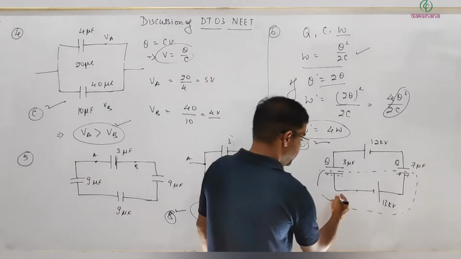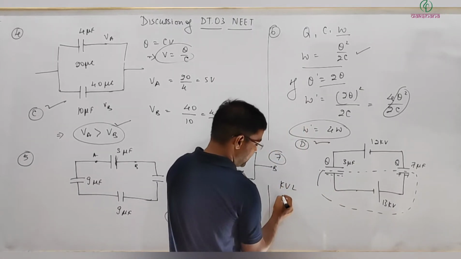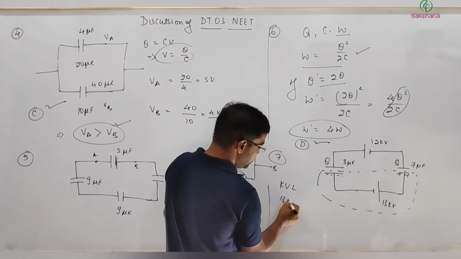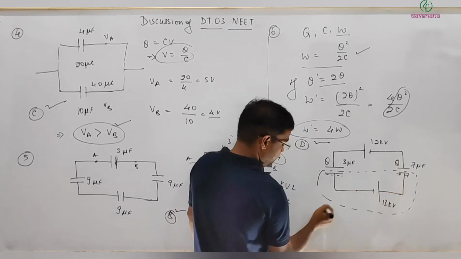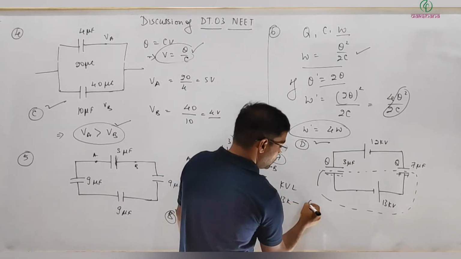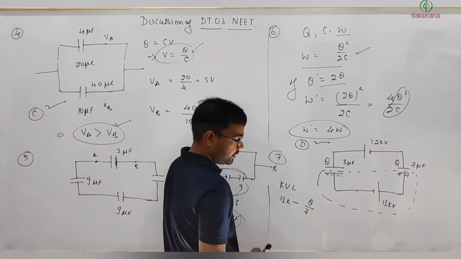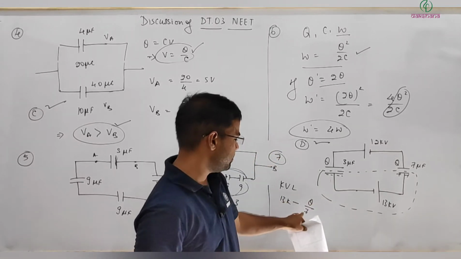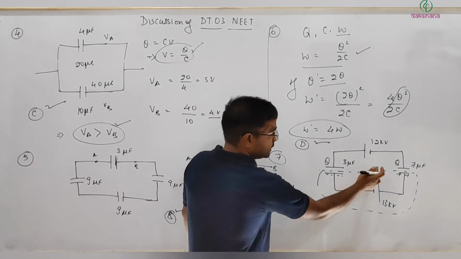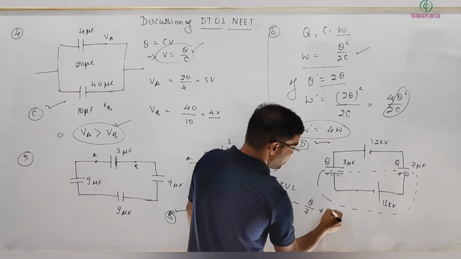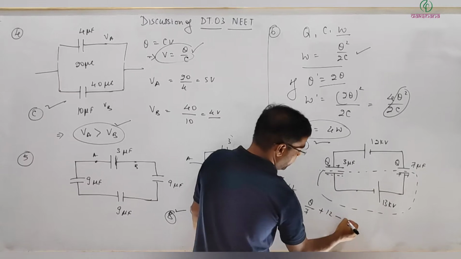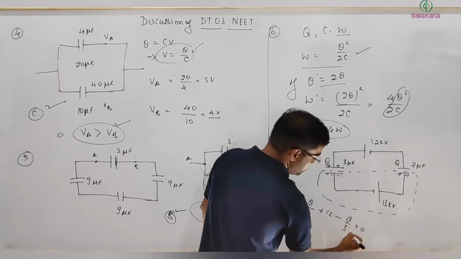If I start from here, KVL gives plus 13, taking everything in kilovolt, then minus Q divided by C, which is 7, and I will take care of the magnitudes automatically. Next is plus 12, and then going from positive, minus Q by 3, equal to 0.